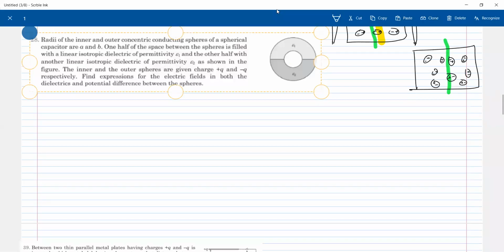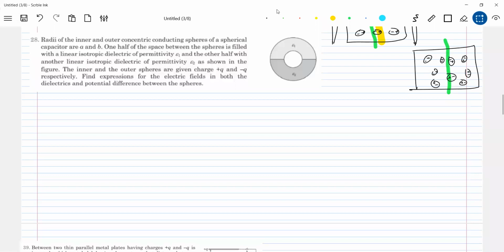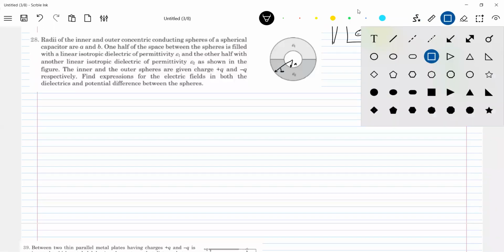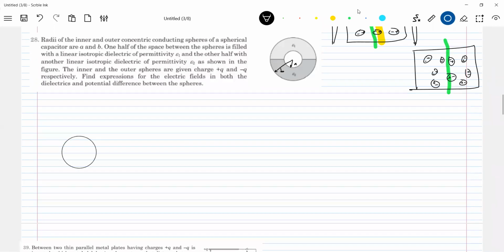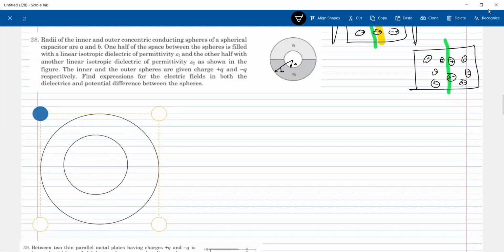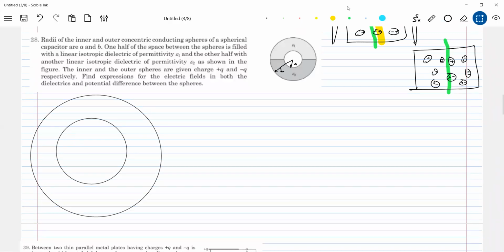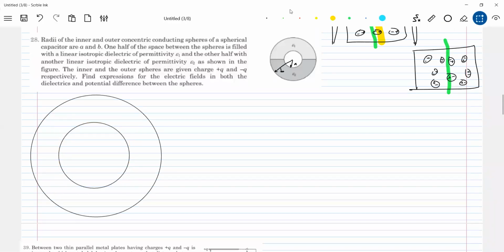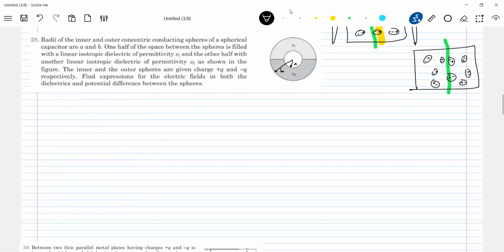So let the radius be A. We have to find out the capacitance of this system. Meanwhile, you try.